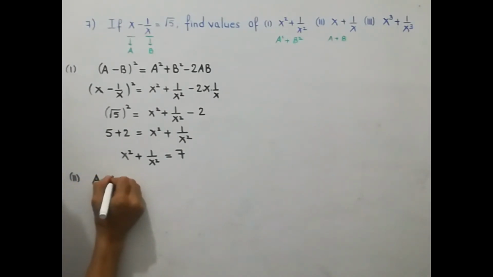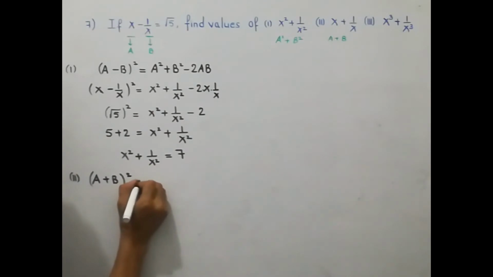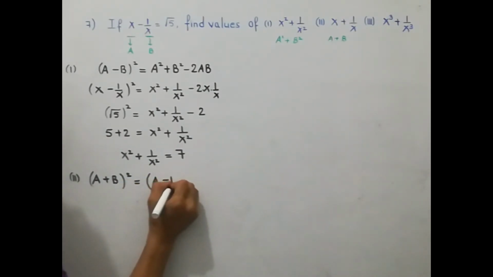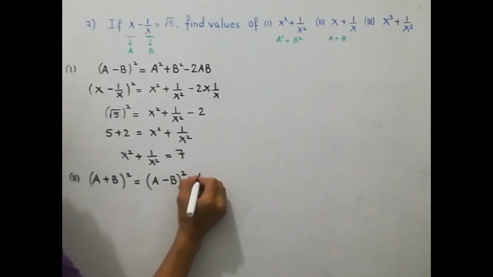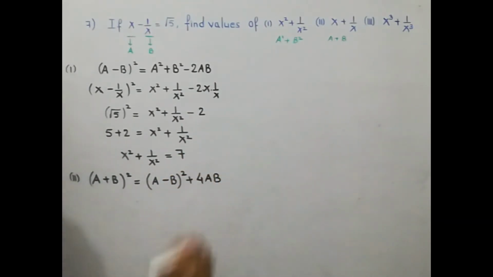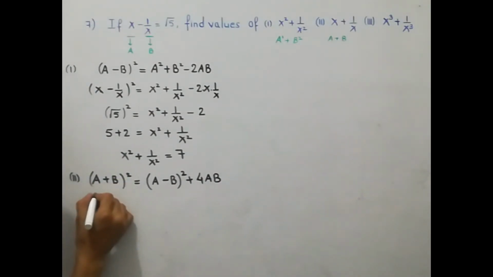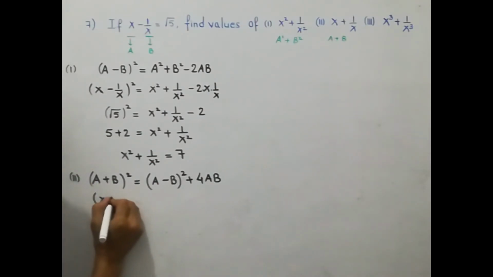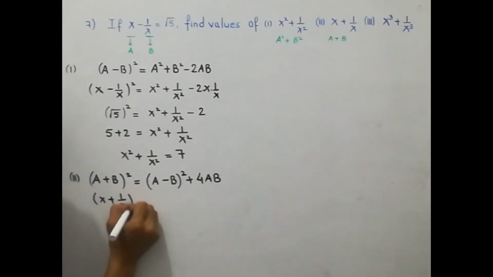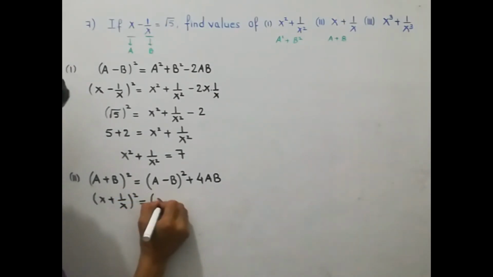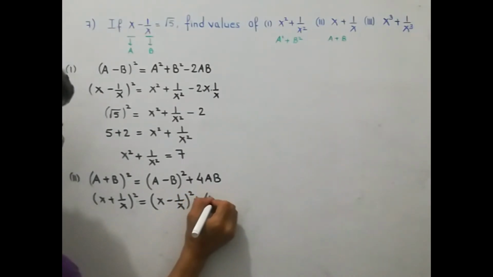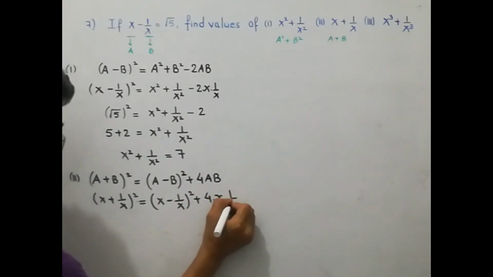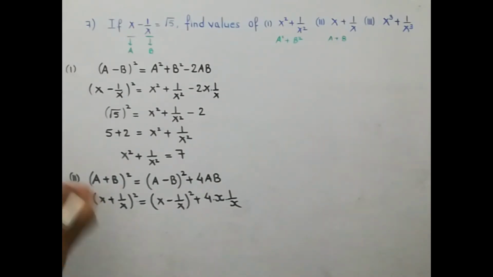A plus B, this is the formula. So we are going to apply this formula here again. A to be replaced by x, and now you put the value over here.